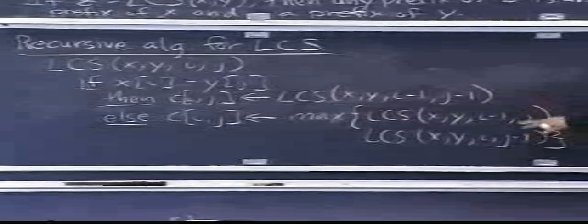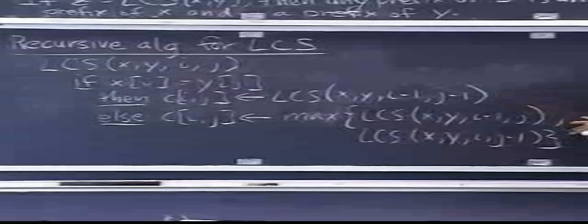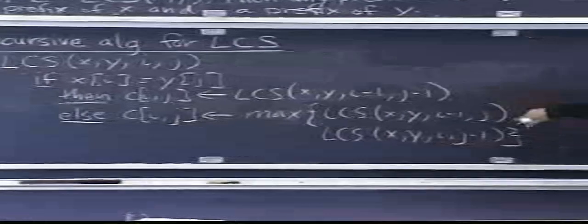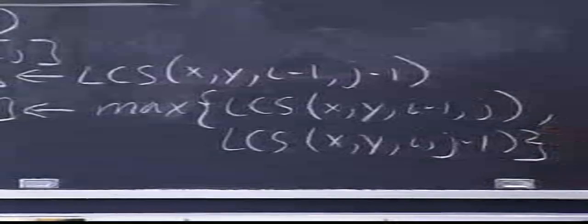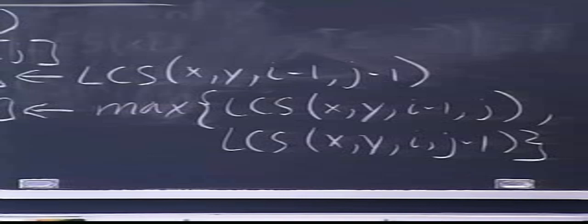So two cases. Which of these cases is going to be the worst case? This case or this one in an execution of this? The second one. Why the second one? Because you're running the recursion twice. That's part of it.